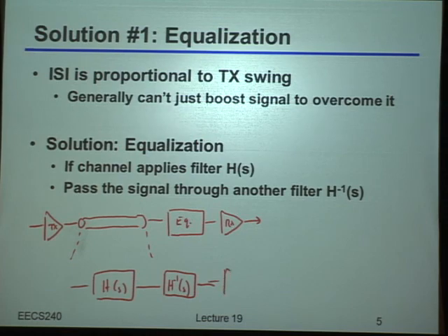So that by the time I get to my receiver, if I look at a bit that was transmitted here, and then pick it up right there, well, if indeed I built the exact inverse of that channel response, whatever I sent here should be exactly what I sent here, of course, just with some extra noise on it.